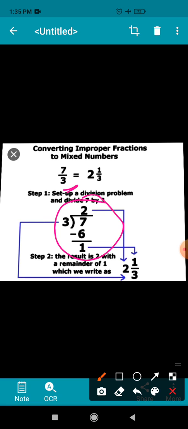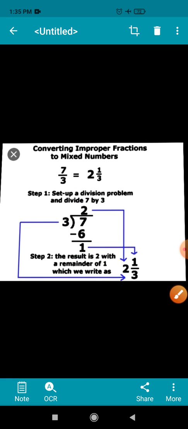As you can see here, when 7 is divided by 3, we take it 2 times, comes 6, and when we subtract, the answer comes 1. Here 1 is the remainder and 2 is the quotient. So, the quotient becomes the whole number, the remainder becomes the numerator, and the divisor becomes the denominator. So, the answer is 2 whole 1 by 3.